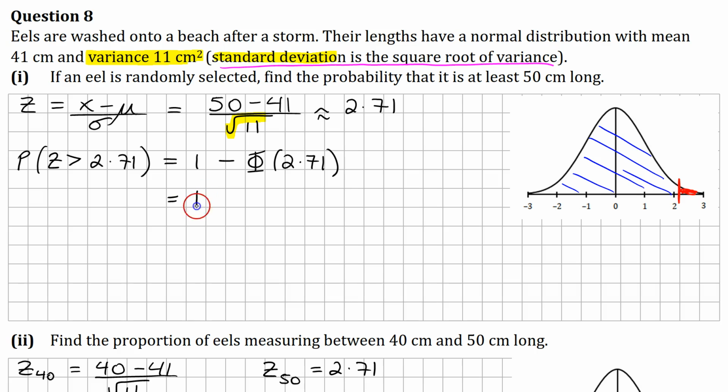So I get 1 minus, when I look that up, 0.9966. So that's equal to 0.0034, and as a percentage, that's 0.34%. So there's a very small chance of getting an eel which is longer than 50 centimeters.